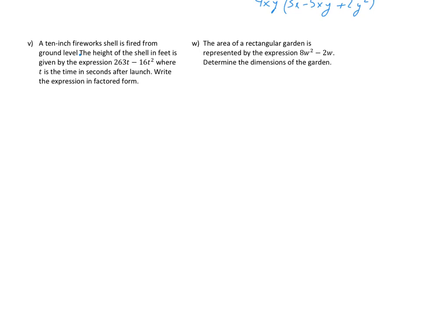Write the expression in factored form. So 263t minus 16t squared. So now, this one I definitely don't have memorized. 263, I don't know if 16 goes into that, so maybe I just grab a calculator and check. It doesn't go in evenly, so now maybe I think back to some shortcuts. So 16 is divisible by 4, but 263 divided by 4 still doesn't work.